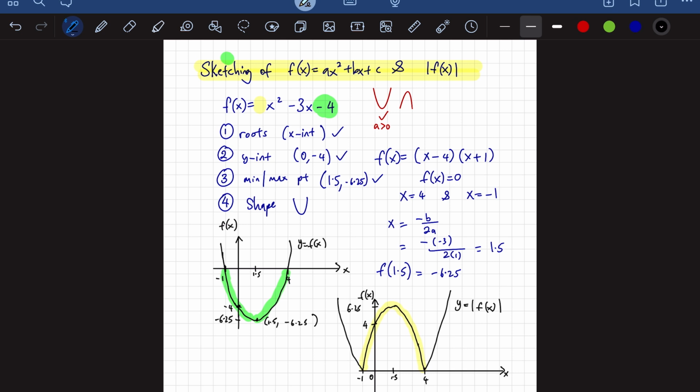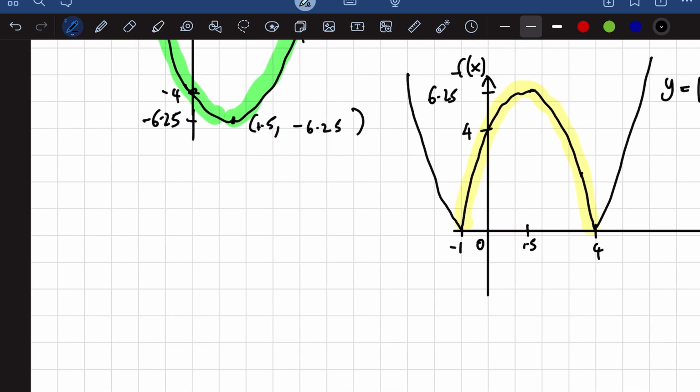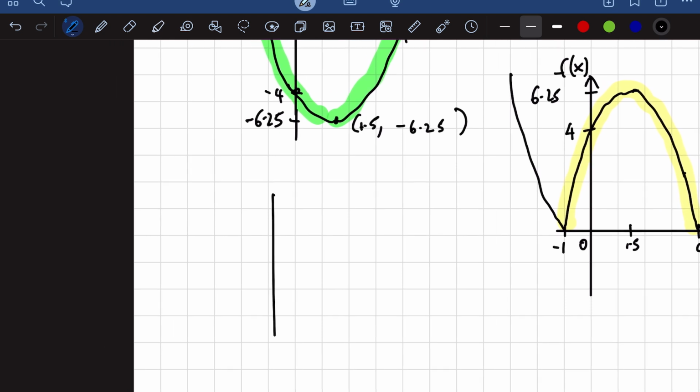Now, some of you will also wonder, what happens if it's an N-shaped parabola? Then what would it look like? We're going to look at an example of an N-shaped parabola, and which part we actually reflect. It is actually the same idea, and the shape would look almost like a usual modulus function graph.